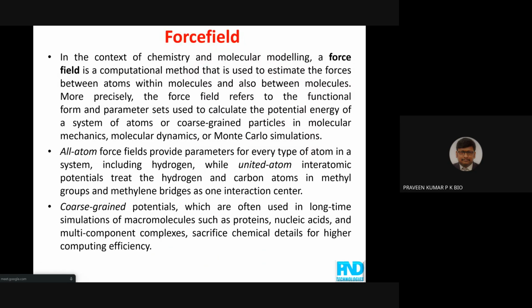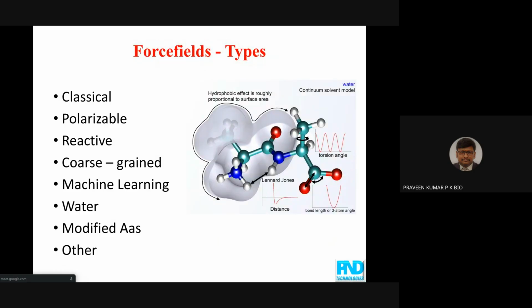And force field. What is force field? Till now we discussed molecular mechanics and quantum mechanics. Now we'll be discussing force field. Whatever forces we have seen in each and every atom trajectory, we calculate all the forces of all the atoms to calculate a total force. For this total force, we have different force fields.